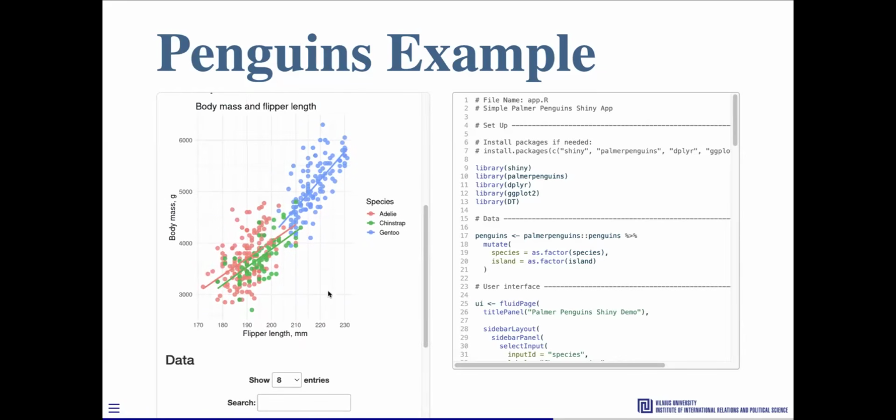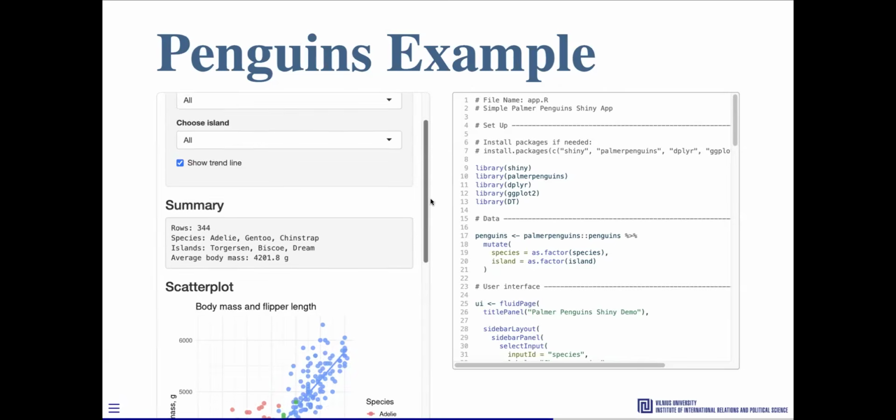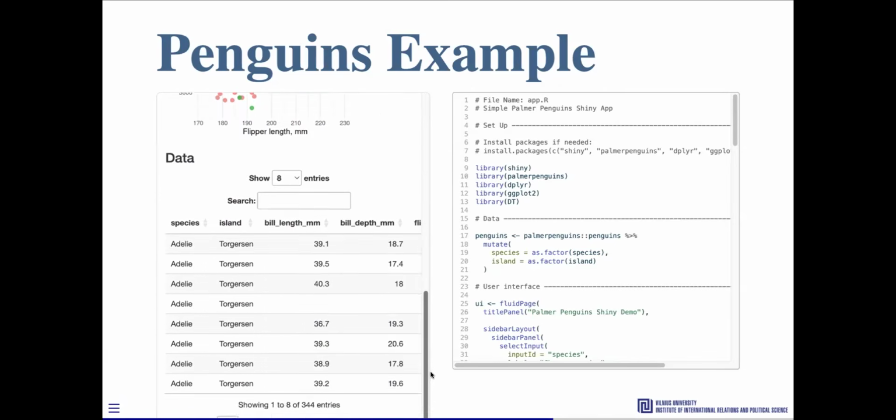It's creating a scatter plot on the relationship between flipper length and body mass for some penguins. This is from a very fun data set called Palmer penguins. It's not included with R, but it's a very famous library, so you'll see a lot of examples with this. That is why I chose it. But more importantly, it gives us a general layout of what we're looking for.